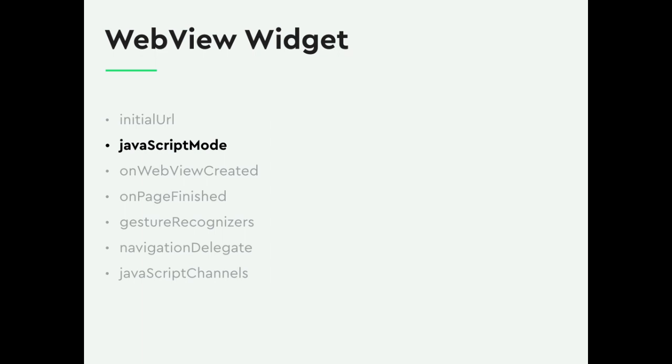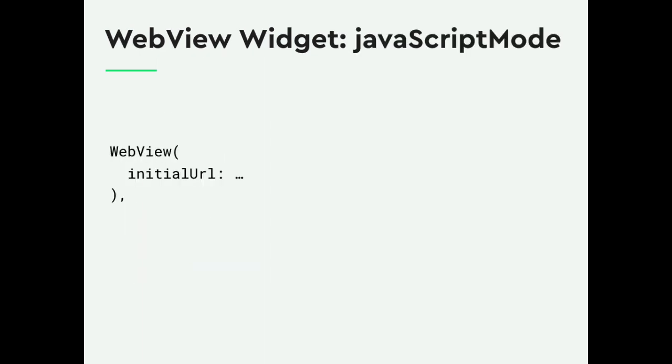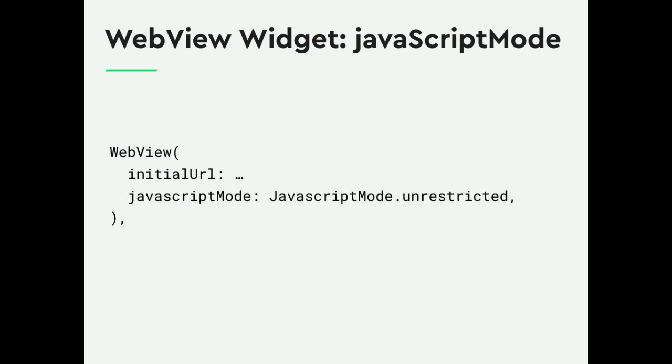You do that by using the JavaScript mode, where you only have two options: either JavaScript mode unrestricted, so you allow JavaScript to run, or disabled, so you won't run it. By default, it's disabled. That means that if the website you're loading initially requires JavaScript and you don't define that JavaScript mode is unrestricted, it won't work.